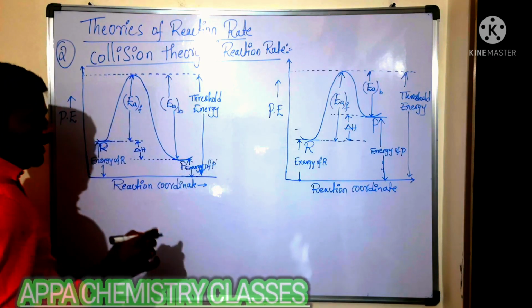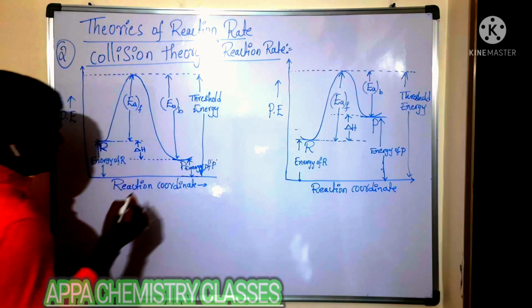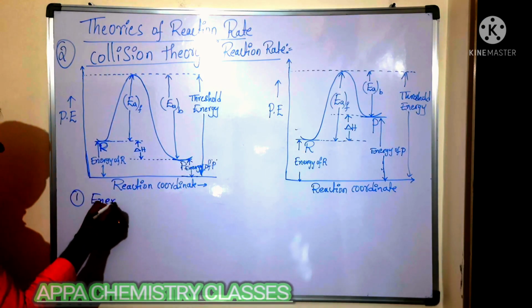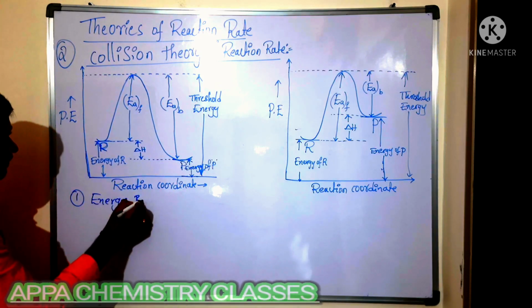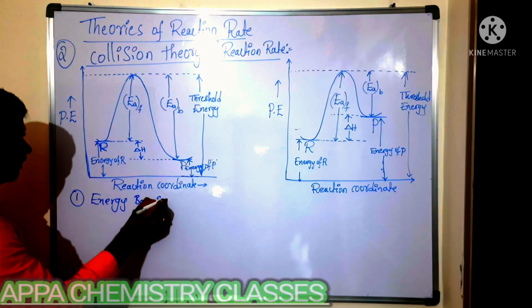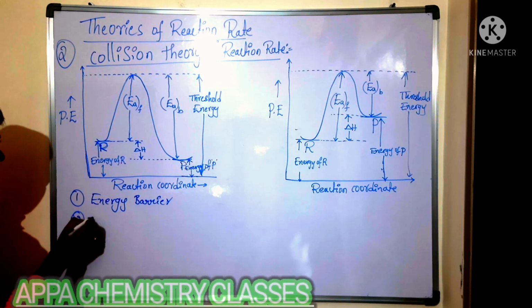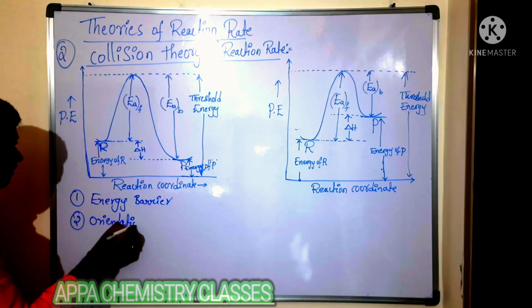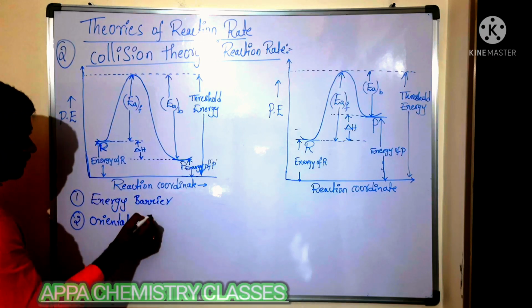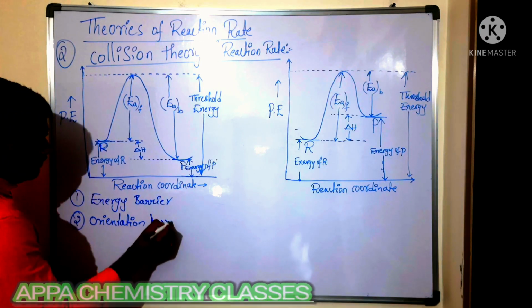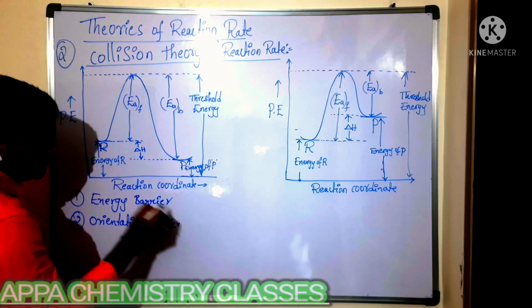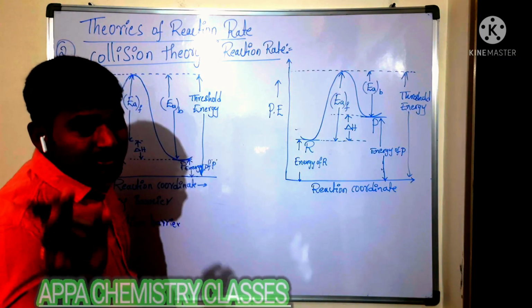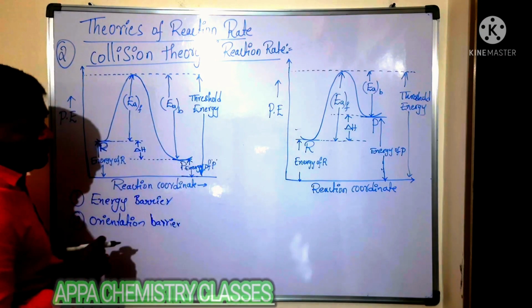One is the energy barrier, and the next one is the orientation barrier. These two are required conditions. If either one is not satisfied by the reacting molecules, they are not converted to product. That is the main criterion for this collision theory.